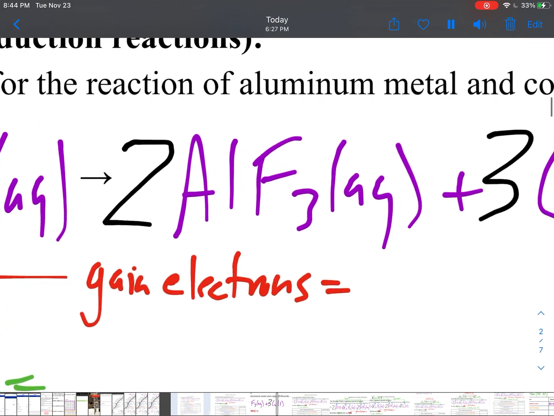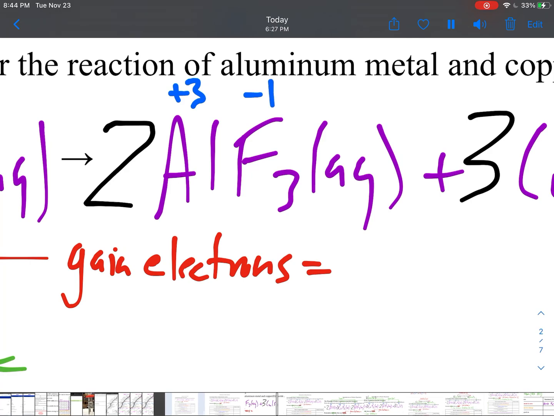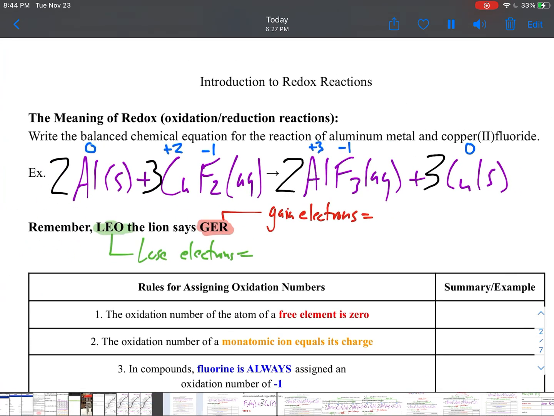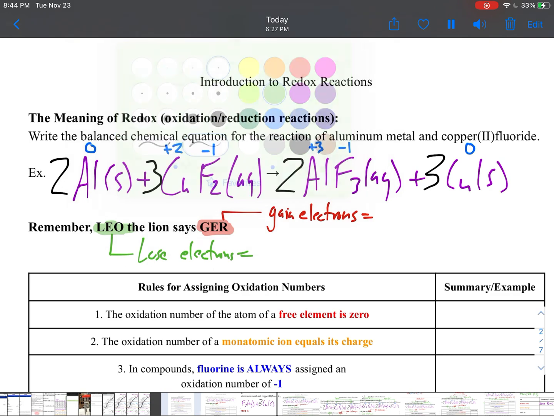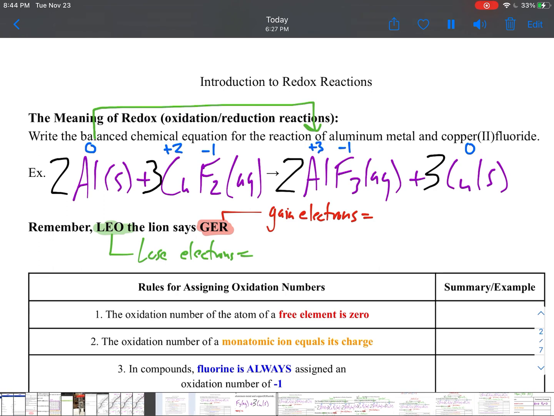Same can be done over on this side. Aluminum will be +3 because it's a 3+ charge. Fluorine is -1. And notice that the oxidation numbers don't necessarily stay the same. Aluminum here goes from 0 to +3. That is a sign that this is a redox reaction.